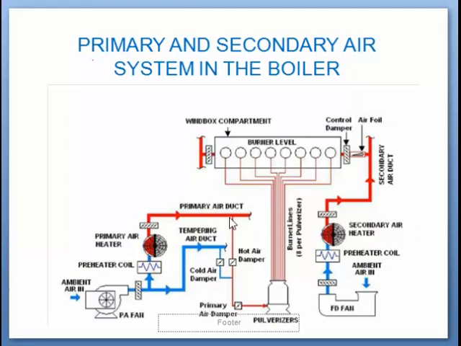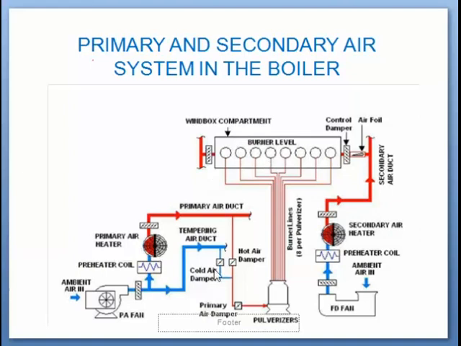They are tempered, and finally the air temperature is maintained at 80 degrees centigrade and sent to the pulverizer. Similarly, here you can see that secondary air through the FD fan passes through the air preheater, and is introduced into the furnace through the wind box for the combustion of fuel.